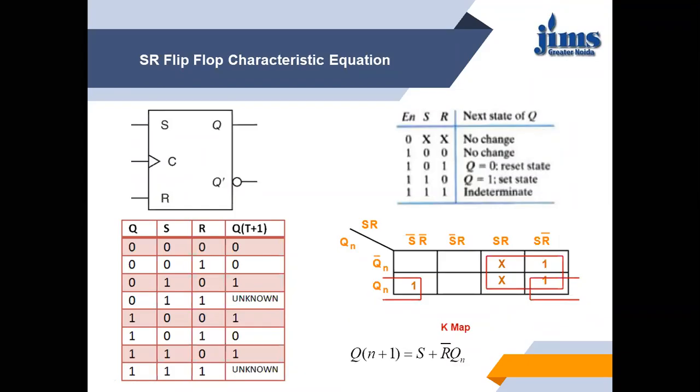Solving this, we find Qn plus 1 equals S plus R bar Q. So this is the characteristic equation. With the help of this characteristic equation, you can find out the next state whenever you are provided S, R and Q. If you are provided both inputs and the previous state, you can find out the next state directly with the help of the characteristic equation.